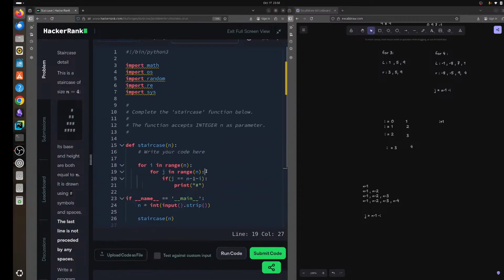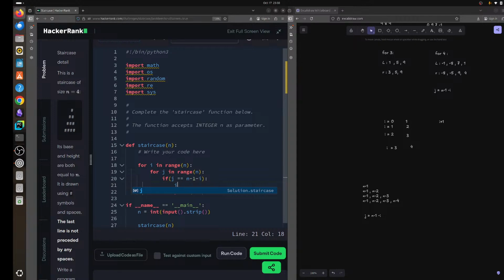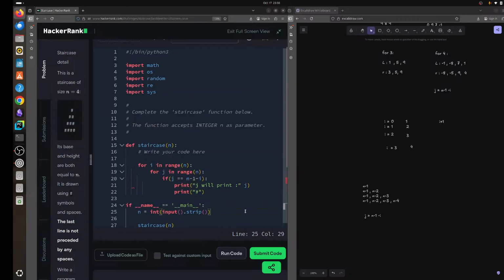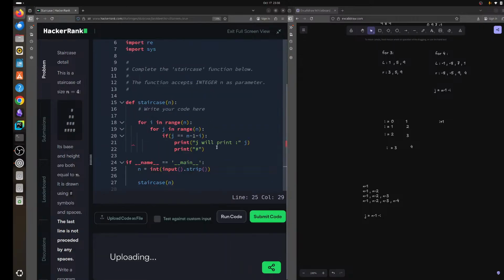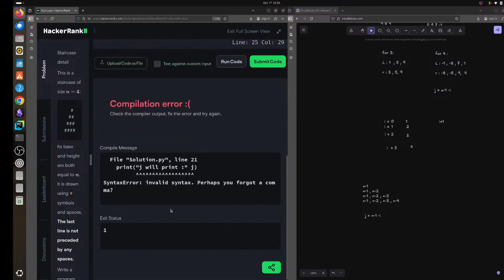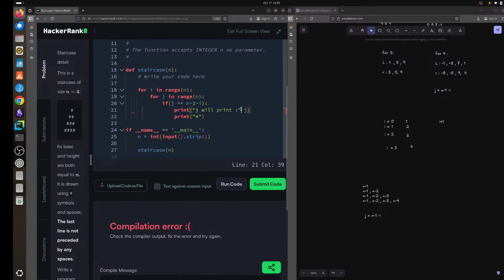Let's put a print here, printing j, with a comma.